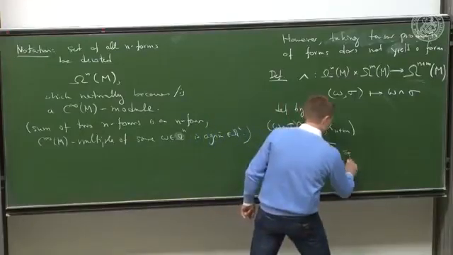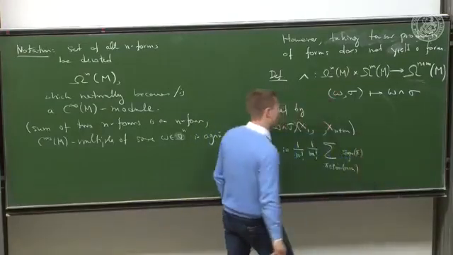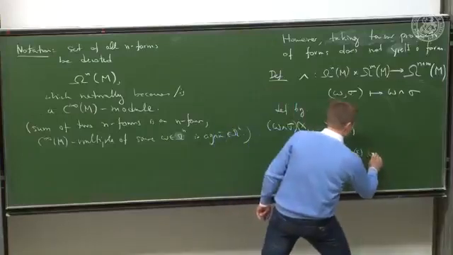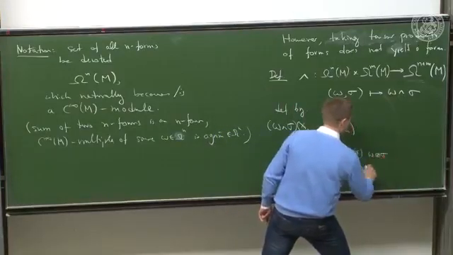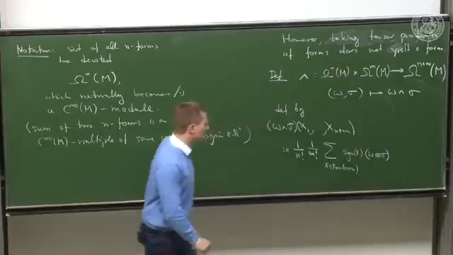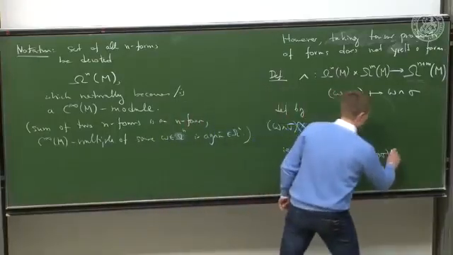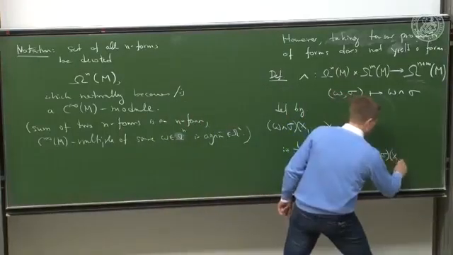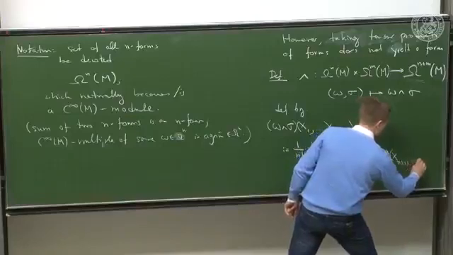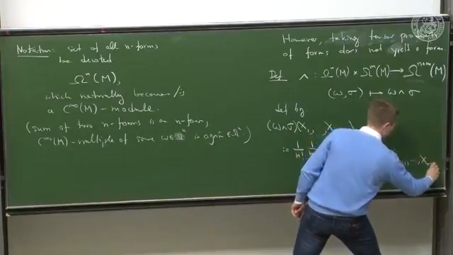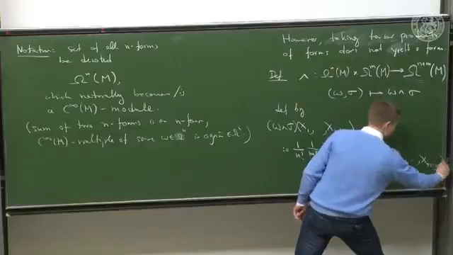Then we introduce the sign of the permutation, and then we simply take omega tensor sigma, we know that guy, and we feed it X_{π(1)} down to X_{π(n+m)}.